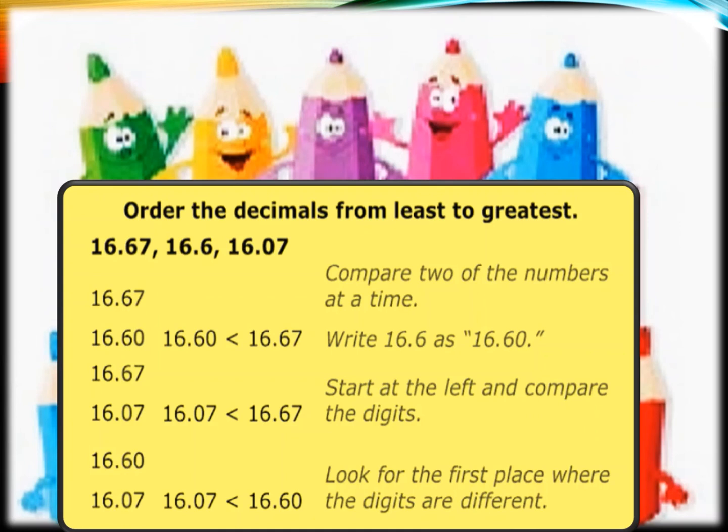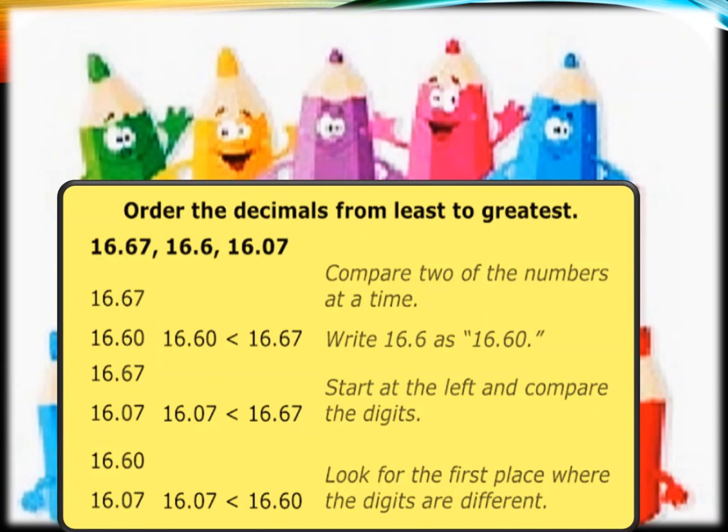So compare two of the numbers at a time. Compare both of them. 16.67, 16, 16, 16 means the integer part is the same. So we have to see only the decimal part. One is having 67, another is 6 and another is 07.